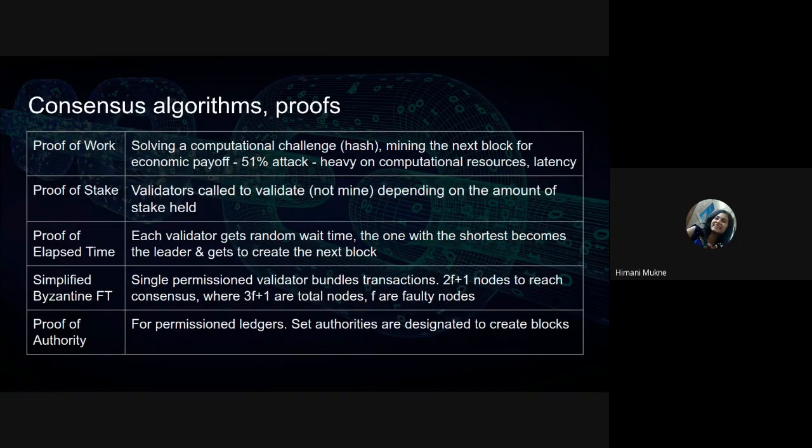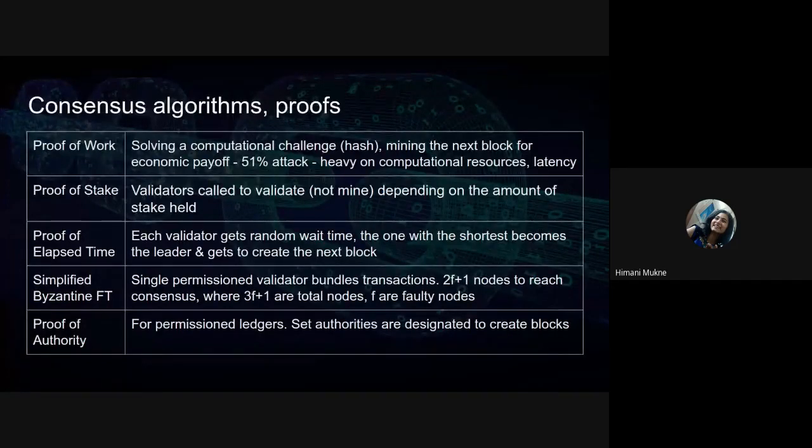Here you're not really mining anything, but there are validators. It's actually a generalization of proof of work. So instead of mining, they validate transactions, as in they see if the business logic of the transaction is valid or not. And for that, they earn a fee.